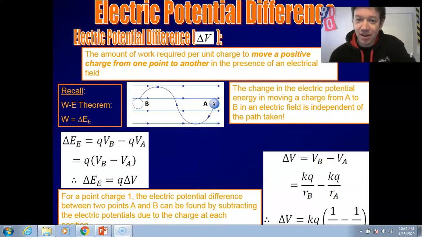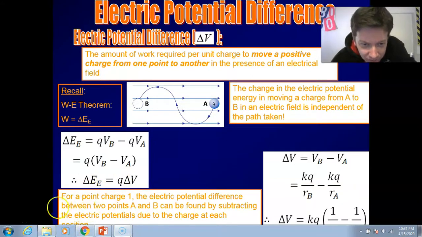Because its potential energy has changed, its potential has changed, and you can play with the equations a little bit to say that the change in potential energy equals the change in potential multiplied by the charge that we moved.